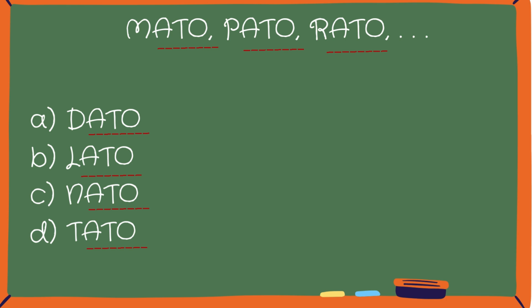The M comes before the P in the alphabet, and the P comes before the letter R. So the next word has to begin with a letter that is after the letter R. Analyzing the words: the letter A is not after R, the letter B is not, the letter C is not, and the next one, tato. Yes, because the T is after the R. So the correct answer is the letter D, tato.